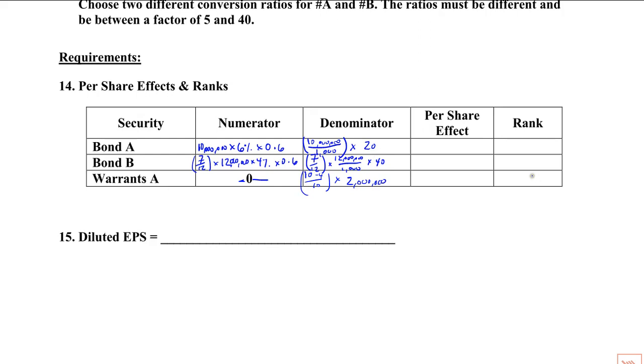So this one is definitely going to be first. There's no doubt about it. Its per share effect is 0.00. Let's see if we can figure out the next one. 10 million times 6% times 0.6. I have 360,000.